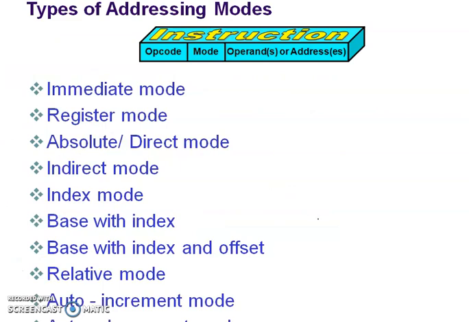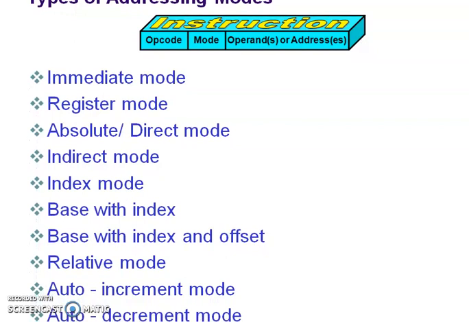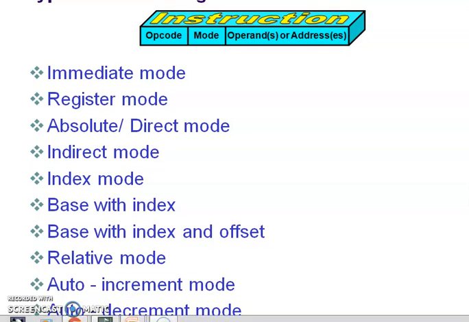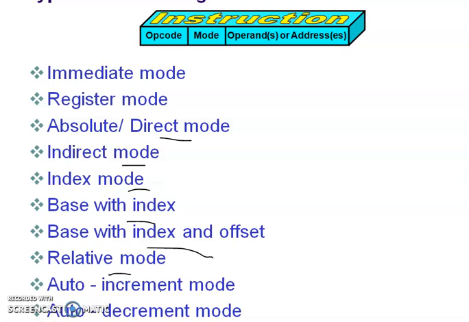Different types of addressing modes include immediate mode, register mode, absolute or direct mode, indirect mode, index mode, base with index and offset, relative mode, auto increment mode, and auto decrement mode.